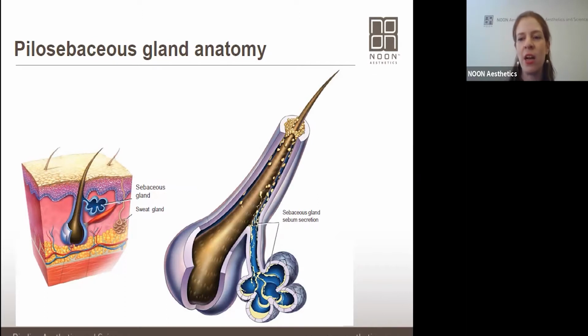When we have a lot of sebum, it will be oily skin, the shiny people, because they have a lot of sebum. If there is a smaller amount of sebum, it will be dry skin. And this is the normal state. The sebum is going out from here naturally.